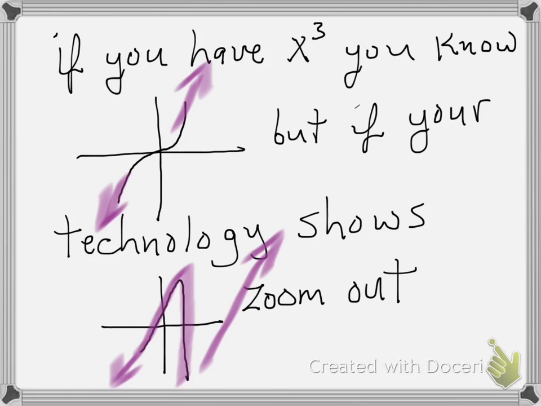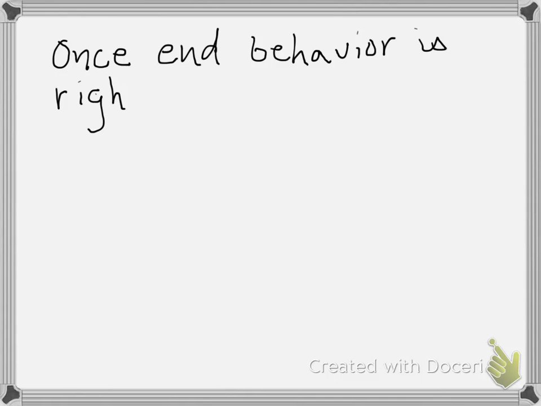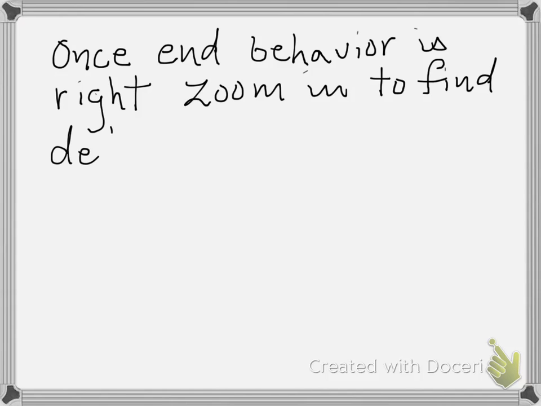So we know that that's not correct yet, so we've got to zoom out until we can see the proper end behavior. Then at that point, you can focus on what happens around 0, or around the origin, or what happens as it crosses the x-axis. So you try to find the details.